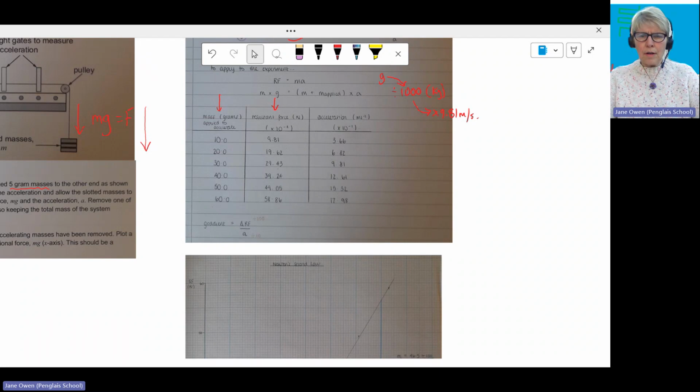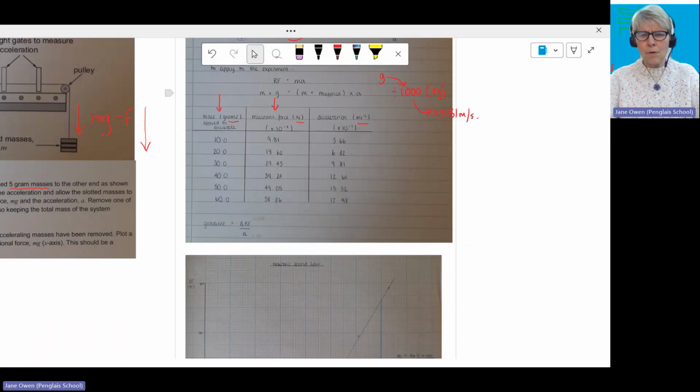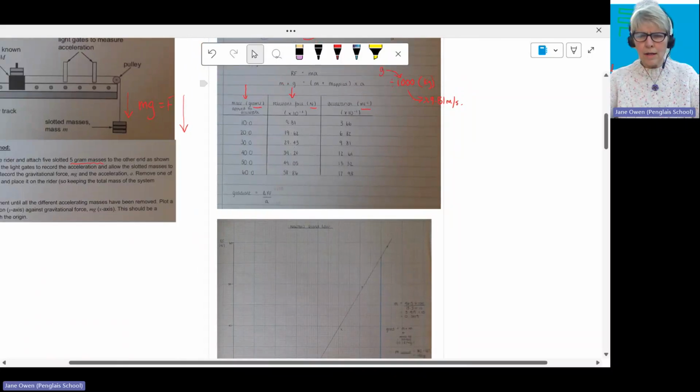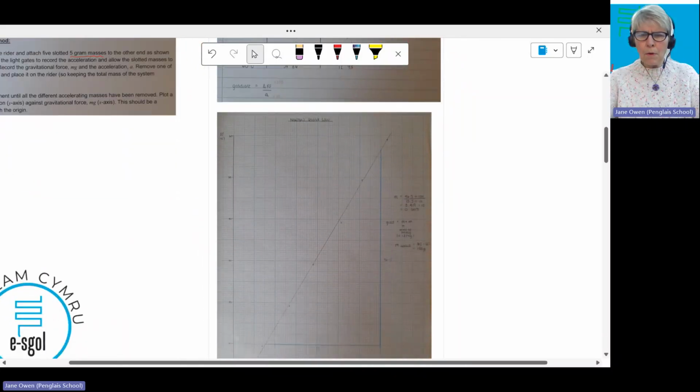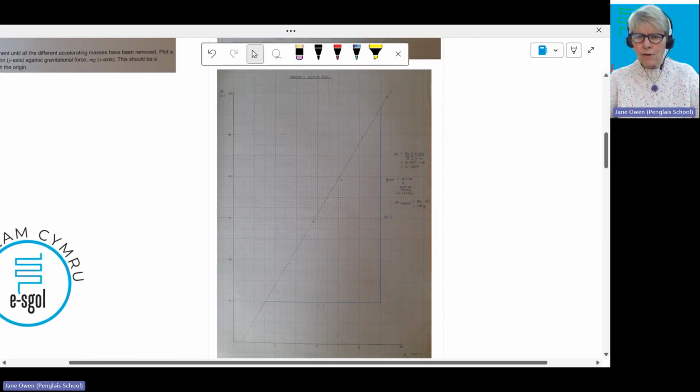Okay, so we've got a nice set of results there. We've considered the units of our results, we put those into brackets, and we've measured the acceleration using the light gates set up to a data logger so that we can work out what the acceleration is straight away. And then we've gone on to plot resultant force against the acceleration.